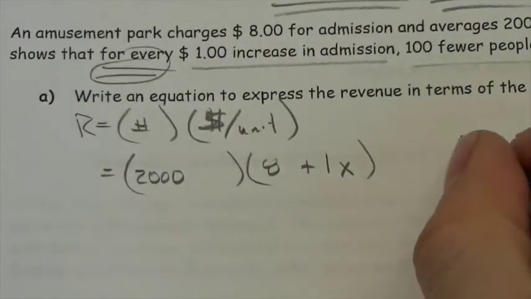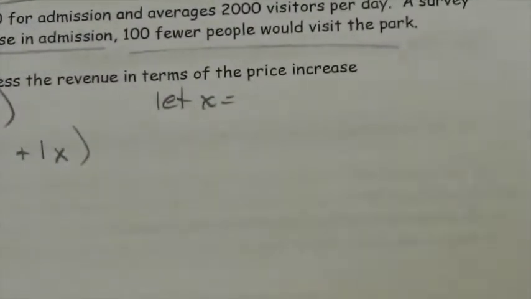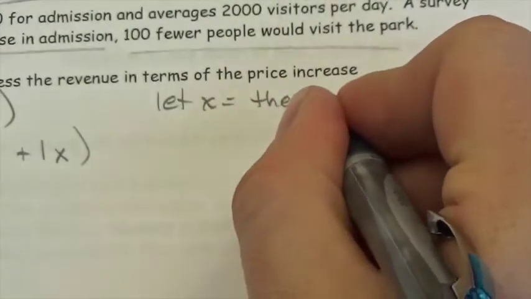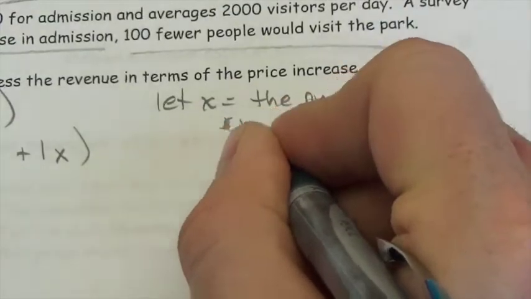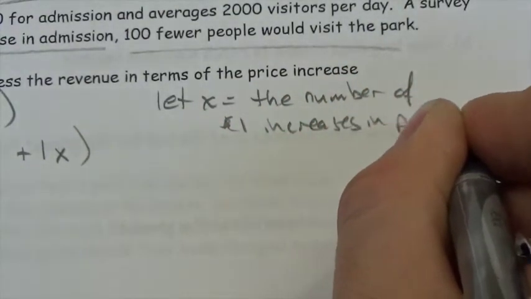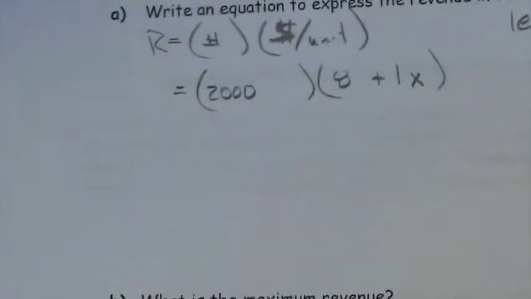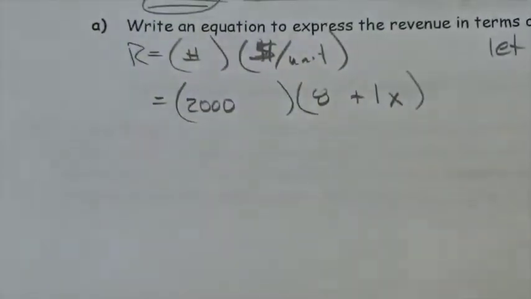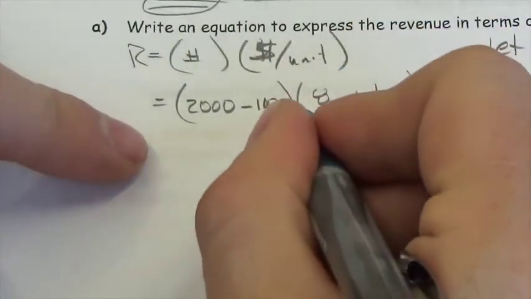So we're going to let x equal the number of $1 increases in price. That's what x is. Now all of a sudden, this is where I bumped into the need for that variable here. Every time I do that, I'm going to lose 100 people. Every time.